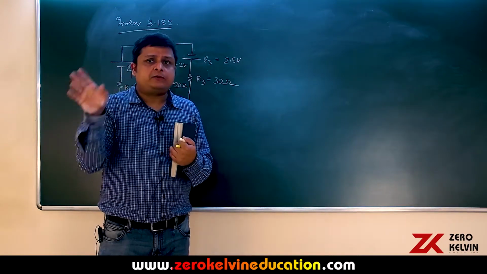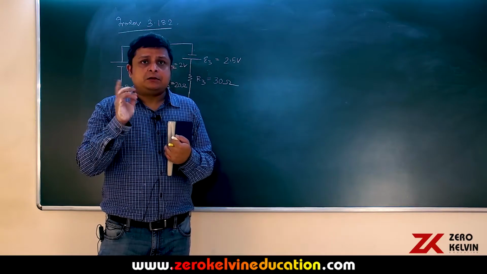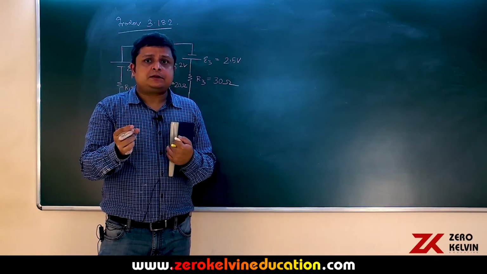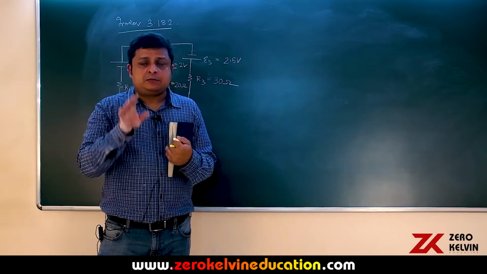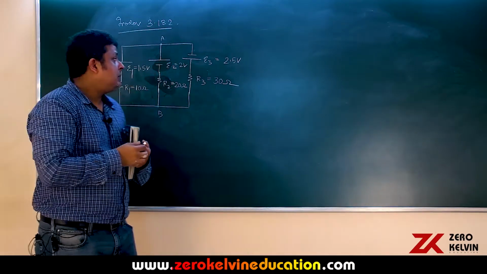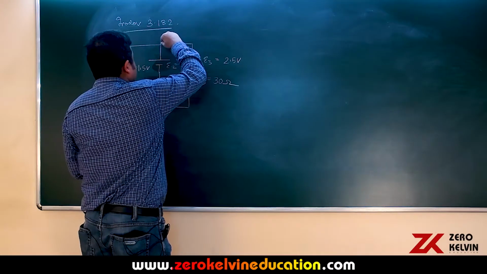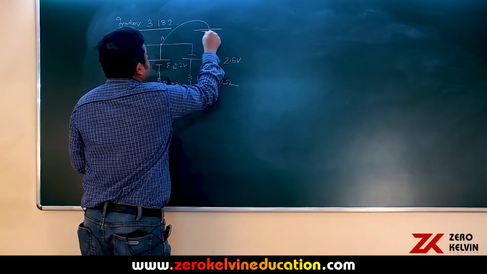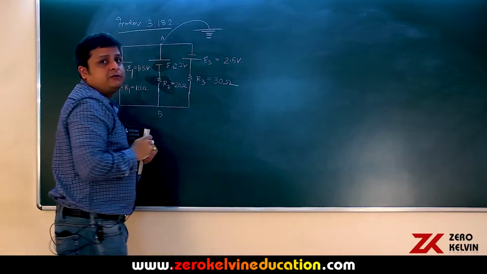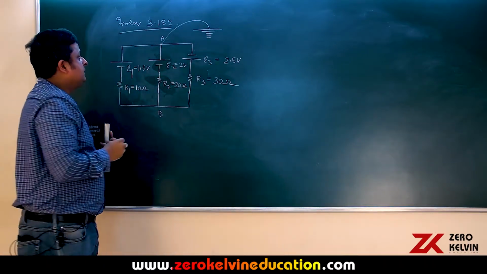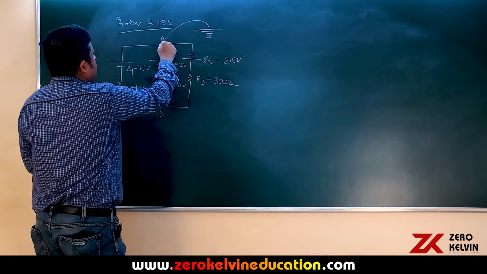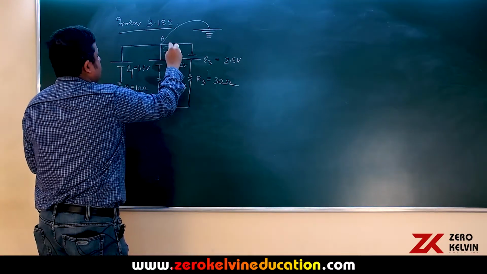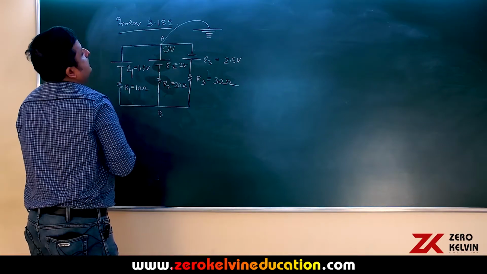The currents will flow in the circuit as it is, but grounding is done to make the potential of a certain point 0. So I will ground this point A. This is the symbol of grounding or earthing. So potential of A will be 0. I will mark the potential by this 0 volt.